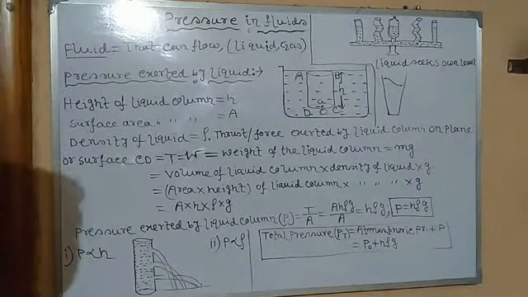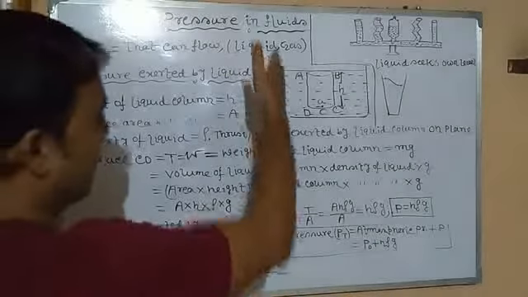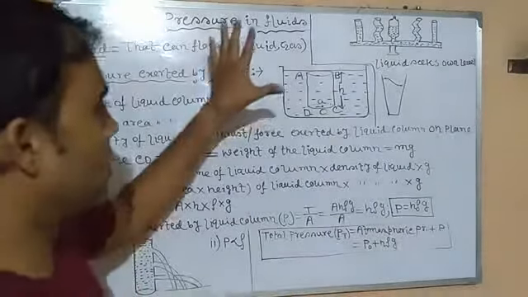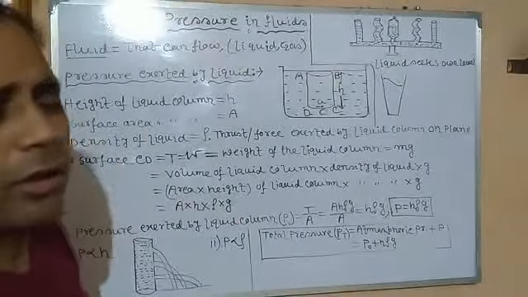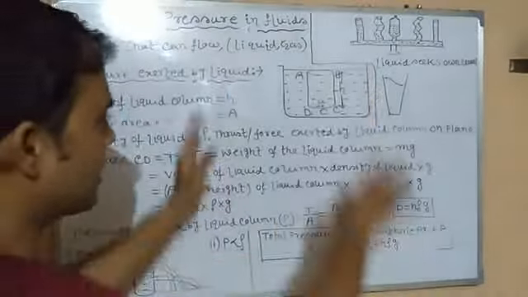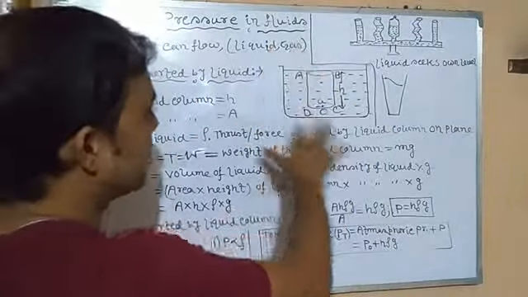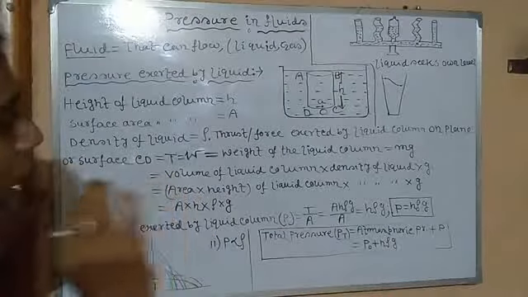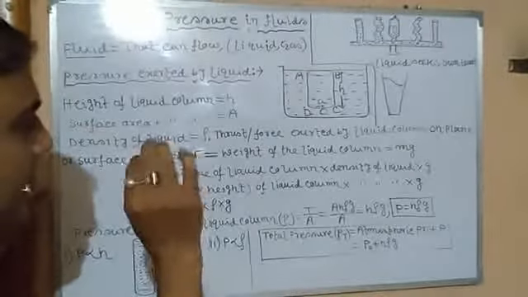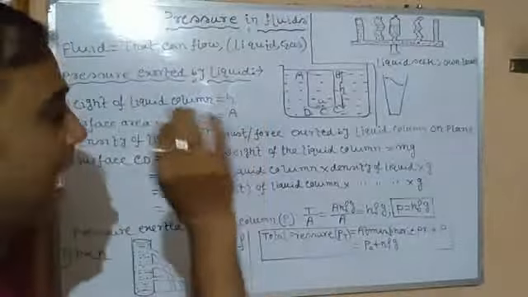Suppose there is a vessel which contains some liquid. It may be water or any oil or whatsoever. Suppose water. Inside the vessel it contains some water and we want to determine the pressure at a particular point inside the liquid.